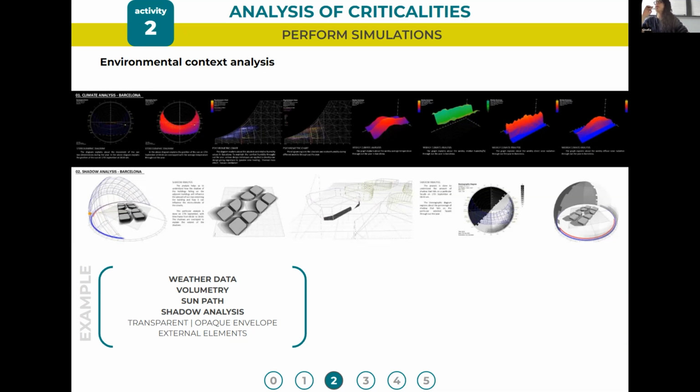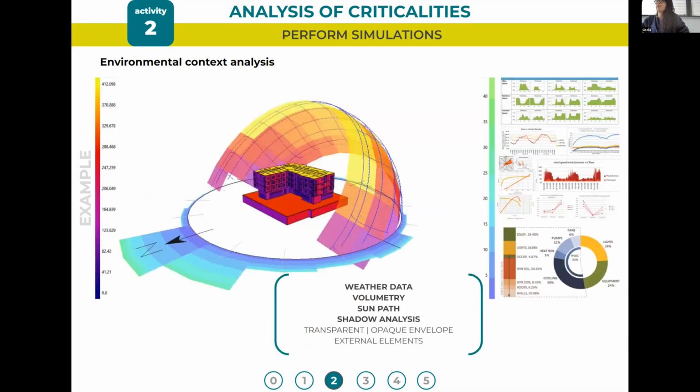And so looking at the weather data, for example, or at the sun path, we can conduct a shadow analysis, allowing us to deepen our analysis of the building. For example, the sun path is very useful also to understand which surfaces of the building are more under pressure, and also to understand the volumetry in comparison to the weather data.